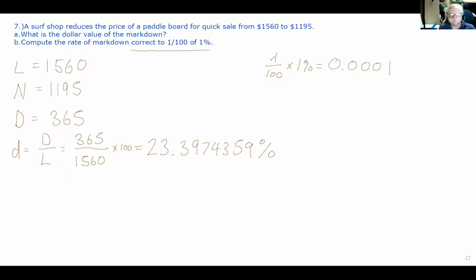So this was just a really weird way of saying correct to 4 decimals. Seems strange that they do it that way, but that's what they're asking for, 4 decimals. So 23.3974%.